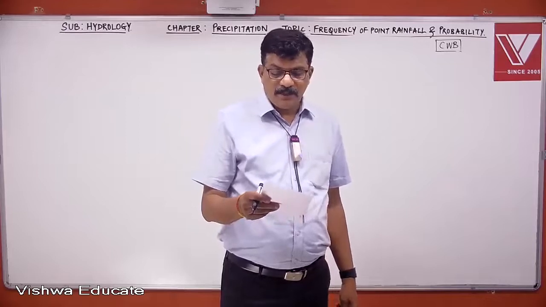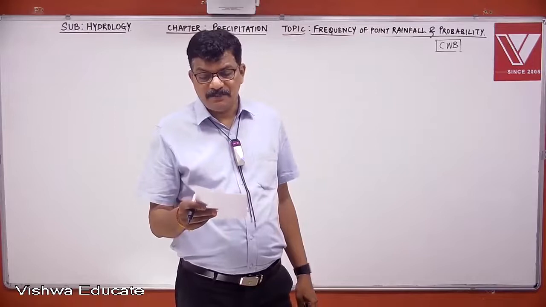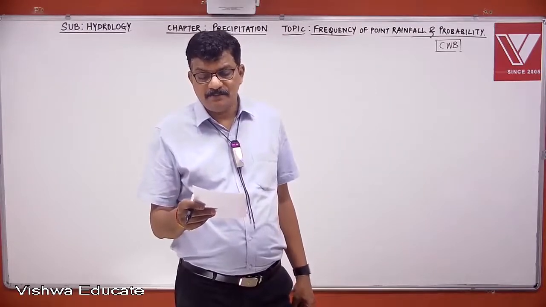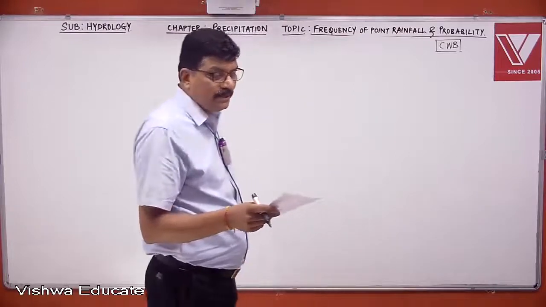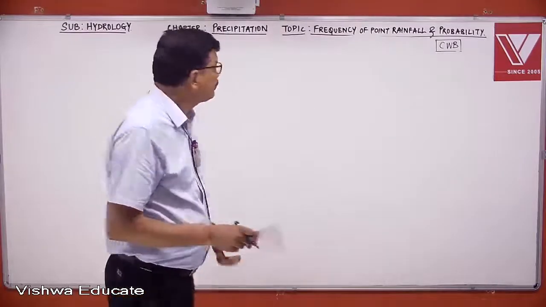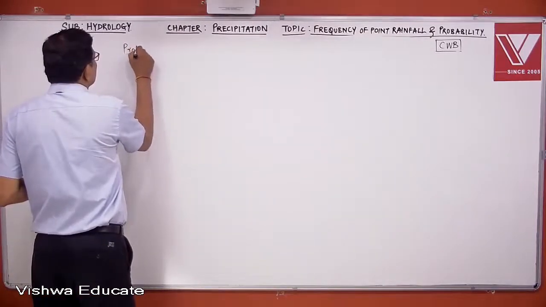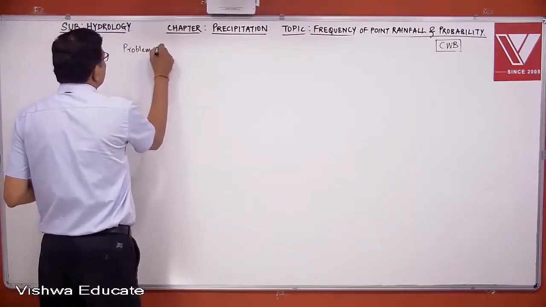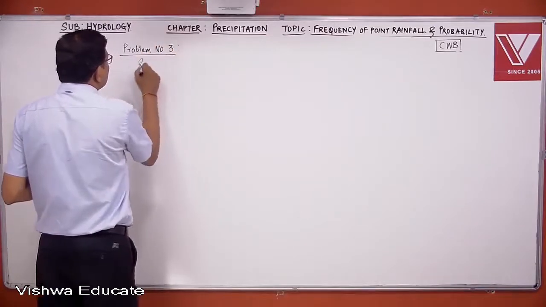So here the culvert has an expected life of 50 years and it is designed for a flood magnitude of return period 100 years. So here the flood is the event. Under problem number 3, let us see the solution.